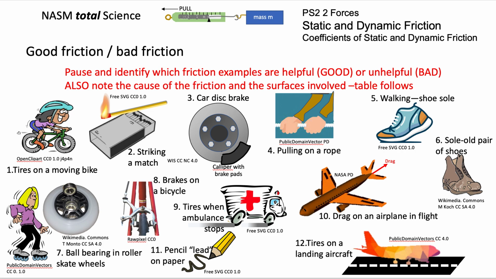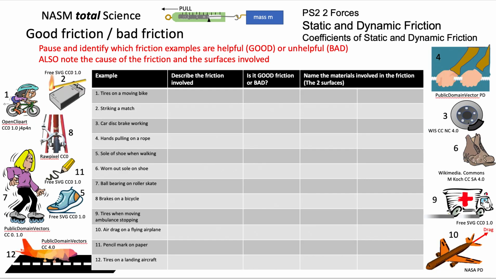And you also have a table here that you can fill in, describing the friction that's involved. Is it good friction or bad friction? You're deciding. And name the two surfaces, the materials that are involved in the friction there.